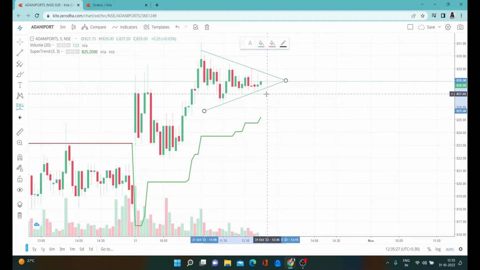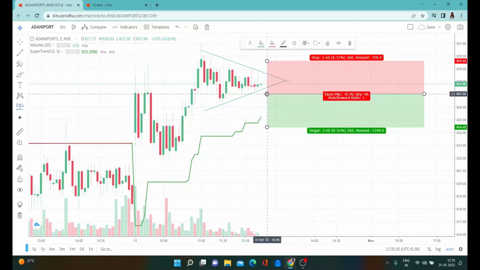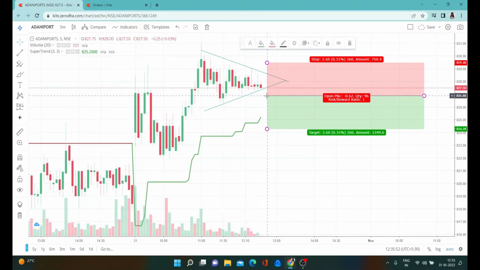See, there is no 100% guarantee that this works, but trading always works in probabilities, and you will have to be extremely careful about these probabilities. You cannot be unrealistic about these probabilities. So if it breaks the triangle pattern downwards, we can take an entry at around 826.8, just below the wick of this bullish candle.